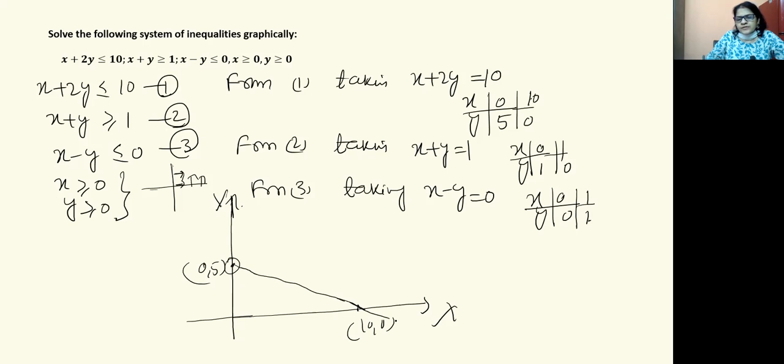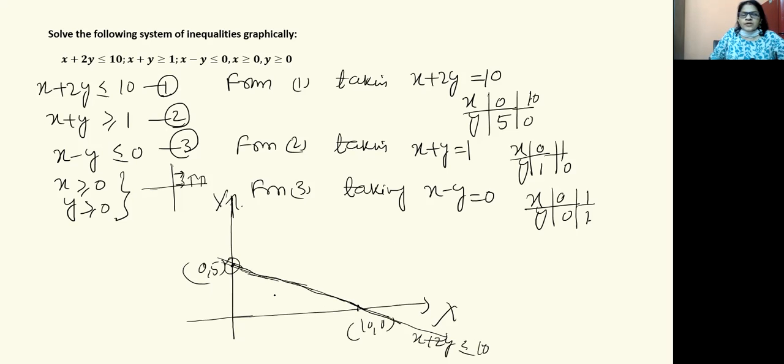My line is not becoming very straight, but I hope you understood what I mean. Here you have x plus 2y less than or equal to 10. Draw the line and name it.